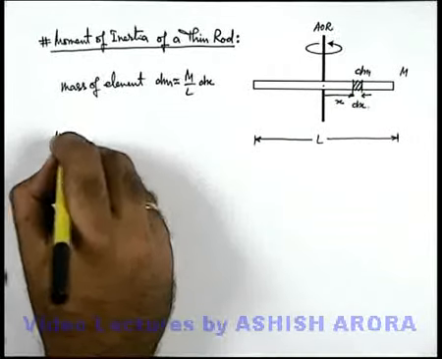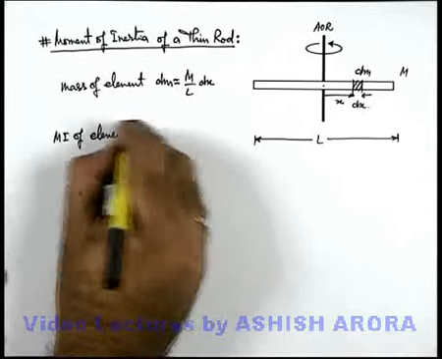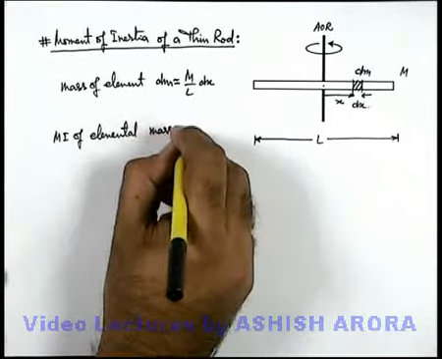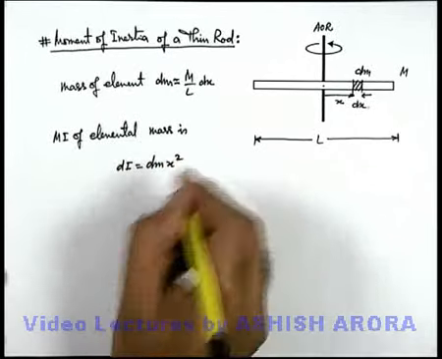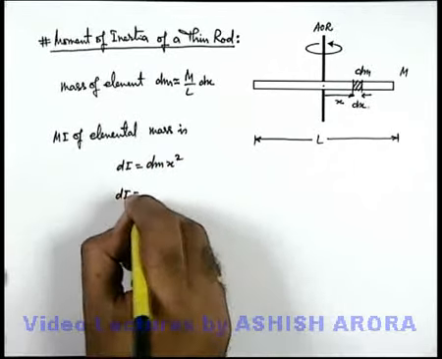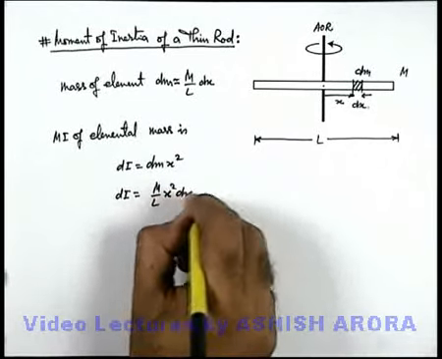So we can simply write the moment of inertia of the elemental mass, this dI, as dm x square. If we substitute the value of dm, it is m by L x square dx.